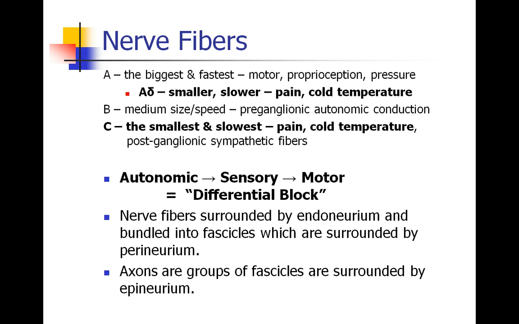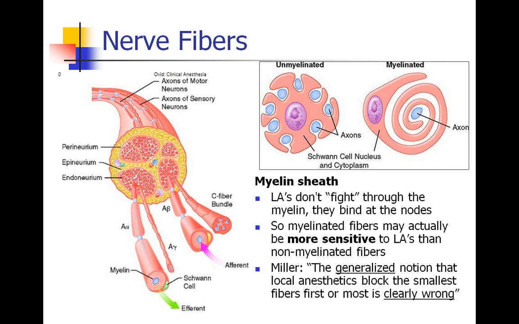Part of this can be understood by looking at the structure of a nerve fiber. Nerve fibers are surrounded by a substance called endoneurium, and then bundled into fascicles, which are surrounded by a substance called perineurium. And then the fascicles are grouped into axons, which are surrounded by epineurium. Here we are looking at a diagram of an axon. And first we see different nerve fibers.